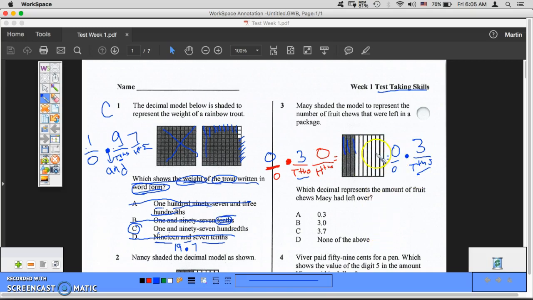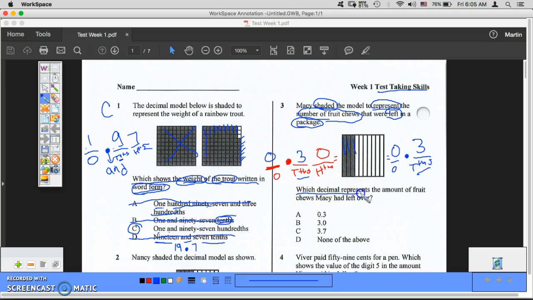Okay. And again, the shaded pieces right here in this story, the shaded pieces represent, or they show, the number of fruit chews that were left in the package. So the shaded pieces means the ones that were left over. Now you go to your question. Underline your question.